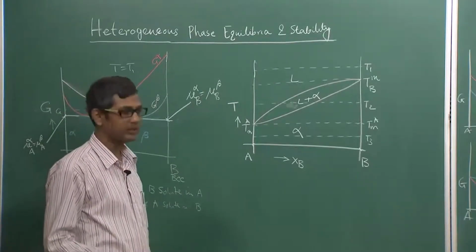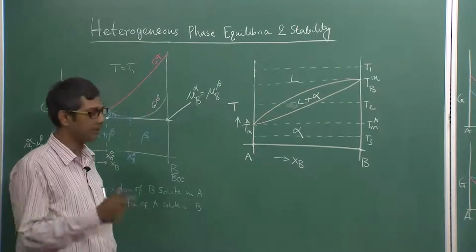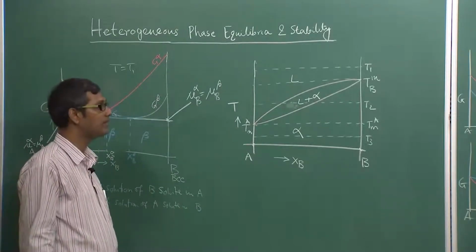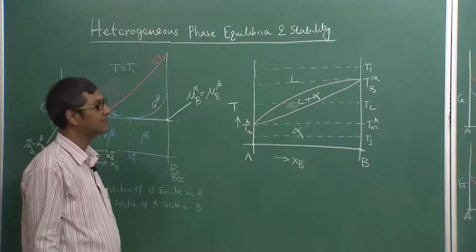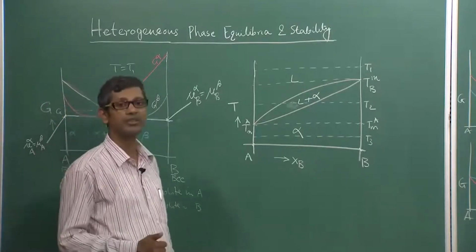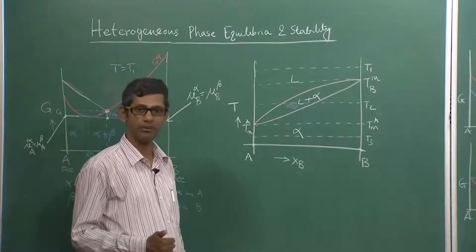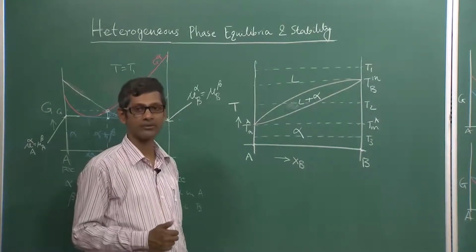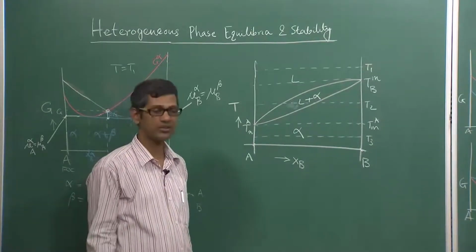So a few things you must remember. One, that free energy curves are always inverted parabola, that I have explained why. Second, that relative positions of the free energy curves will tell you which phase is stable. The stable phase will have free energy lower than the phase which is not stable.